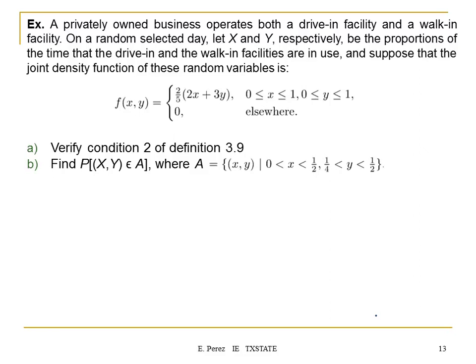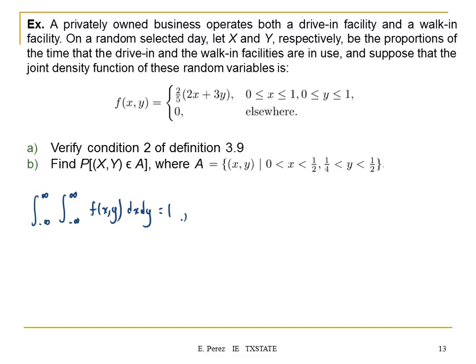So let me write the definition. By definition, this is the integral from minus infinity to infinity, minus infinity to infinity, of the function f of x and y, dx dy, and that has to be equal to 1. Okay? So that's condition number 2.